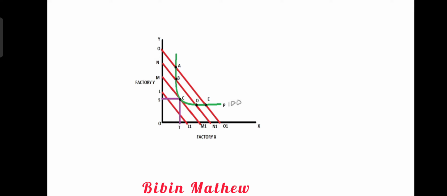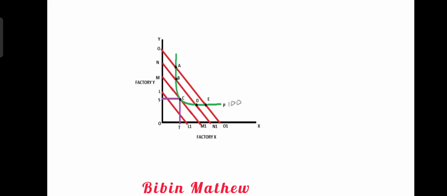So the producer goes for B. In comparison to A, the producer goes for B because point B is on a lower isocost line. A lower isocost line implies a lower cost of production.